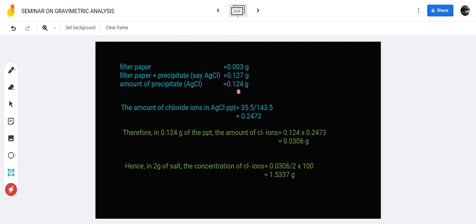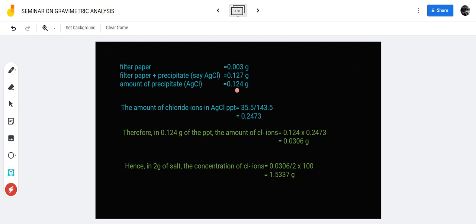And then the amount of chloride ions in AgCl is calculated just by dividing the atomic mass of chlorine by the molar mass of AgCl. We will get the final answer. Therefore, 1 gram of AgCl contains this much amount of chloride ion.